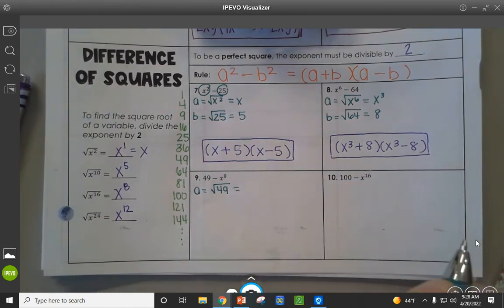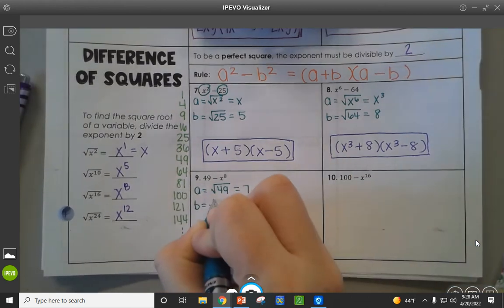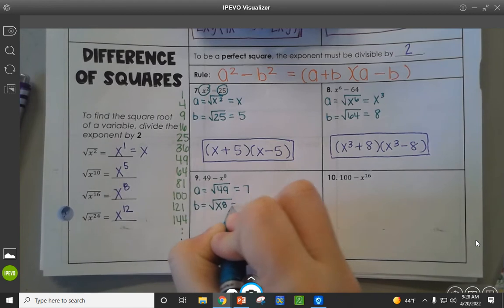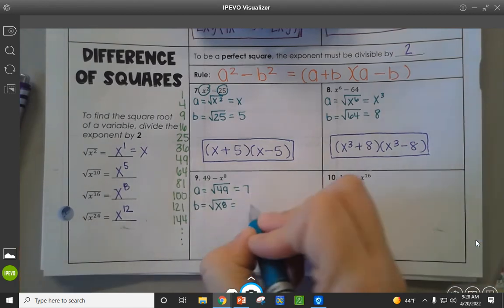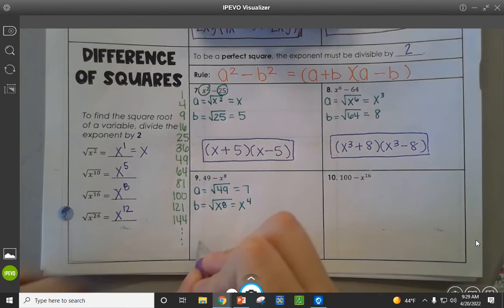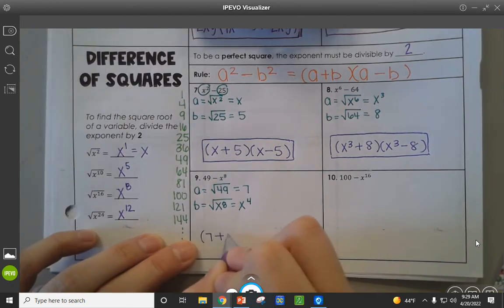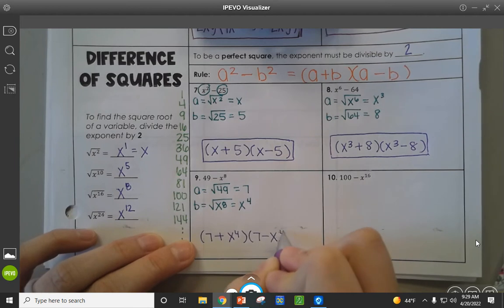What's the square root of 49? 7. B is the square root of x to the 8th, which is, it is not 4, it's x to the 4th power. So your answer is 7 plus x to the 4th, 7 minus x to the 4th.